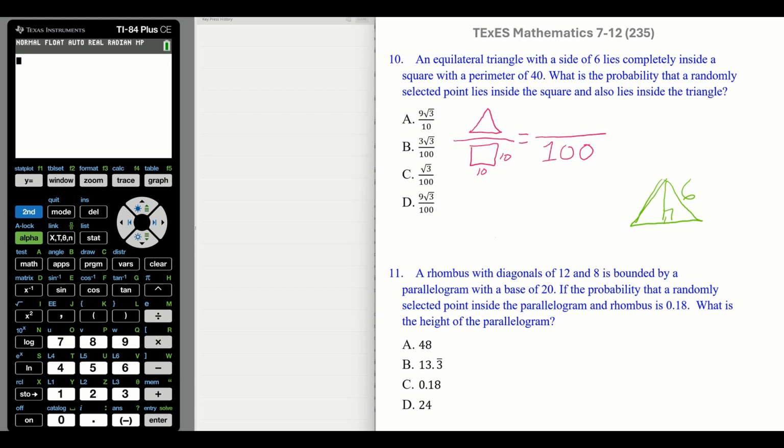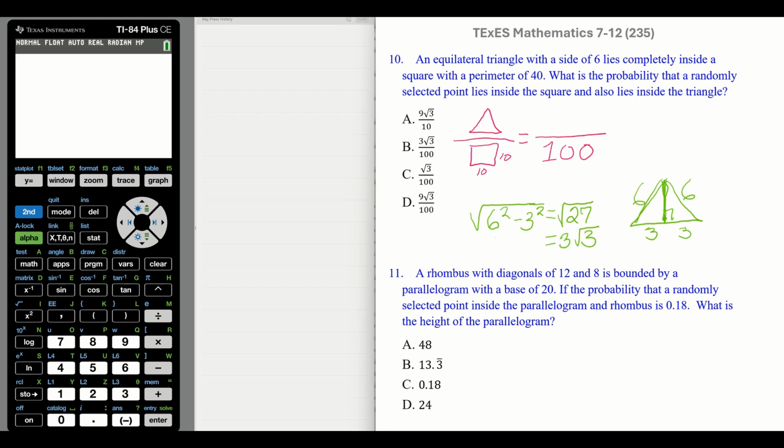The side is 6. So if a side equals 6, then we can figure out the height using the Pythagorean theorem. So we have 3 and 3 and 6. To figure out that height, that's going to give us the square root of 6 squared minus 3 squared, which equals, well, 36 minus 9 is 27, which equals 3 square roots of 3.